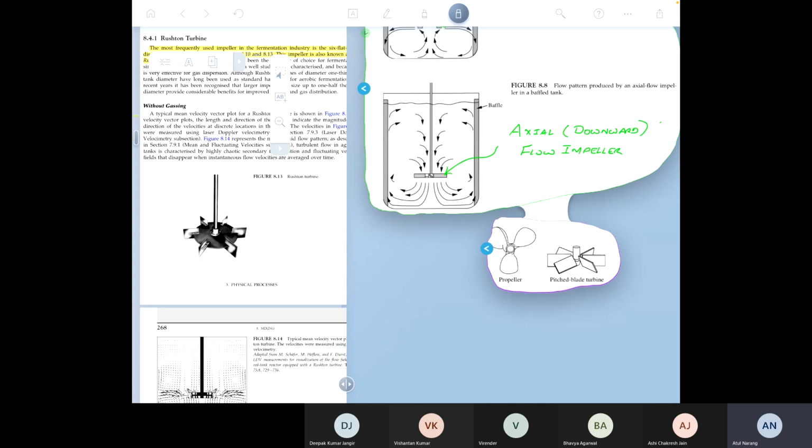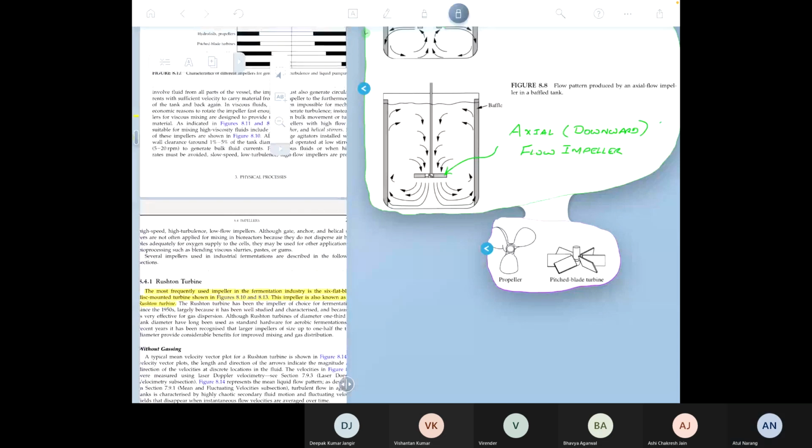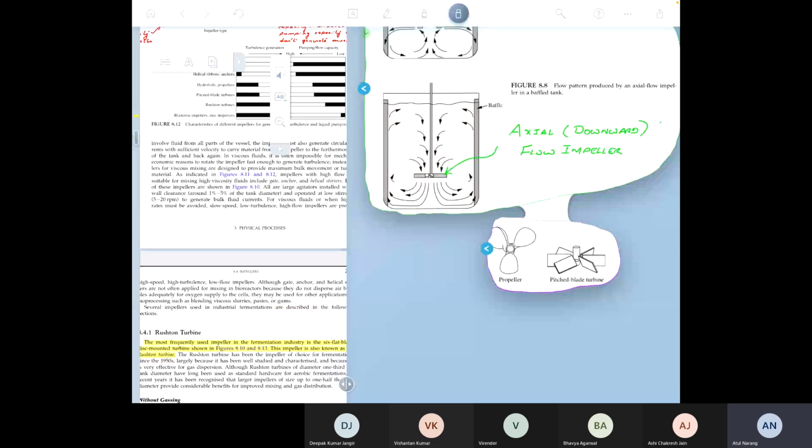So these are the flow patterns, and the main point to be made here is that different impellers give you different flow patterns, and these flow patterns and impellers are used depending on the rheology of the system. So maybe I should also show you that.